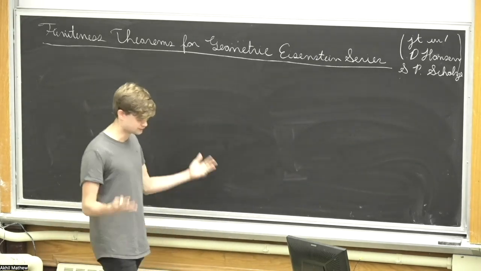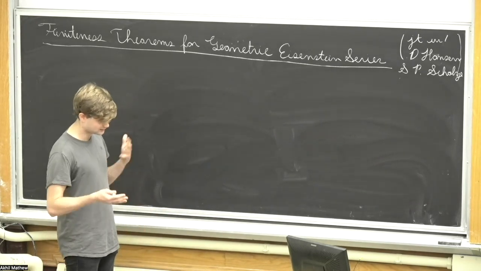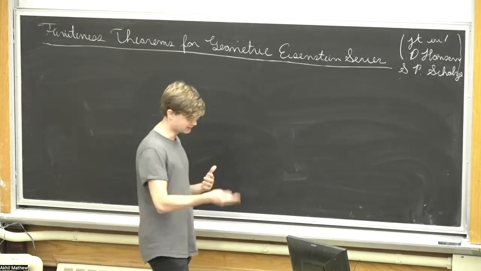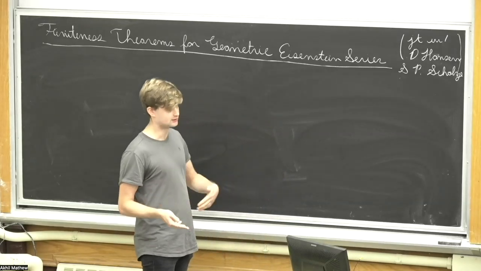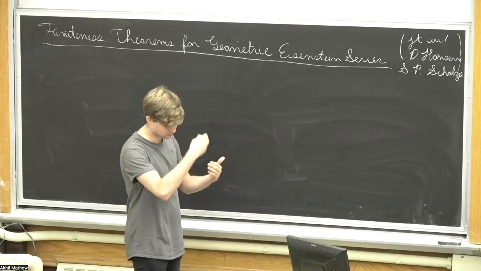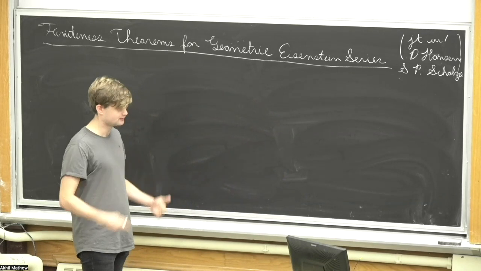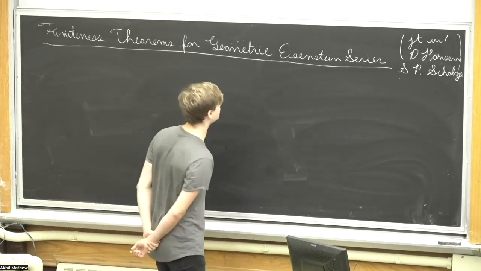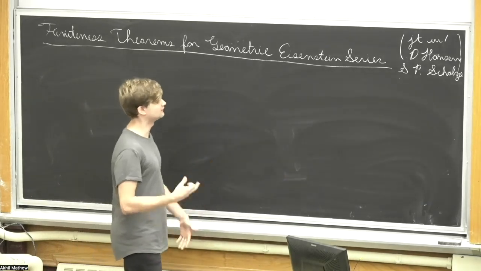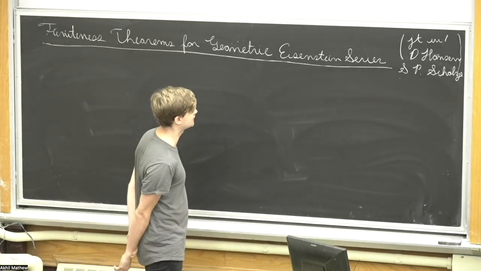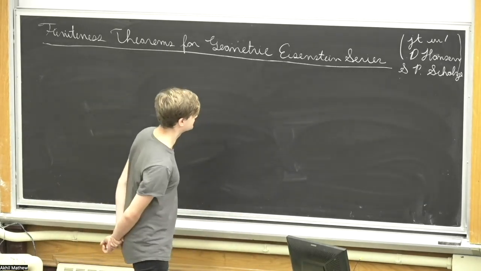In particular, it allows you to build representations of a connected reductive group G from representations of its Levi subgroups, so smaller reductive groups sitting inside. And a lot of the interesting analysis around this infinite dimensional representation theory is contained in this theory of Eisenstein series.